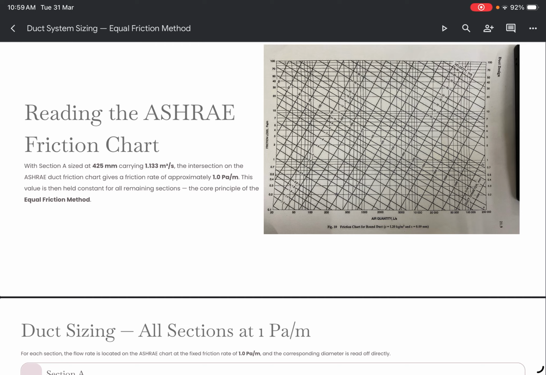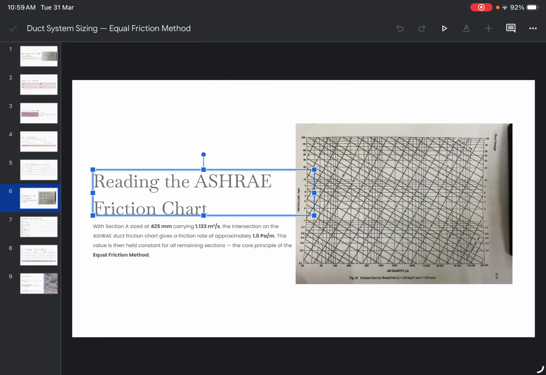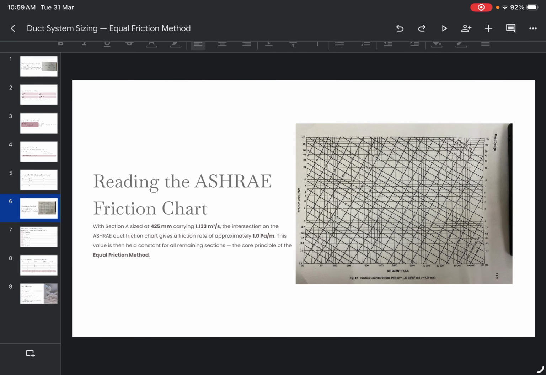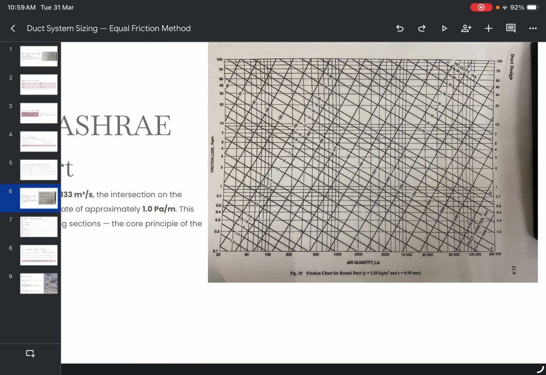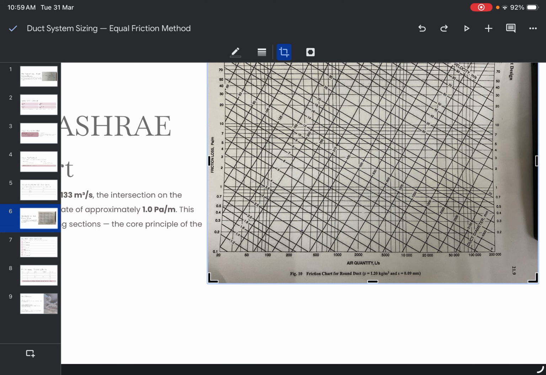Okay, so here the flow rate is around 1100 liters per second. So 1100 would come somewhere like this, say 1000, or this would be 1100, right?